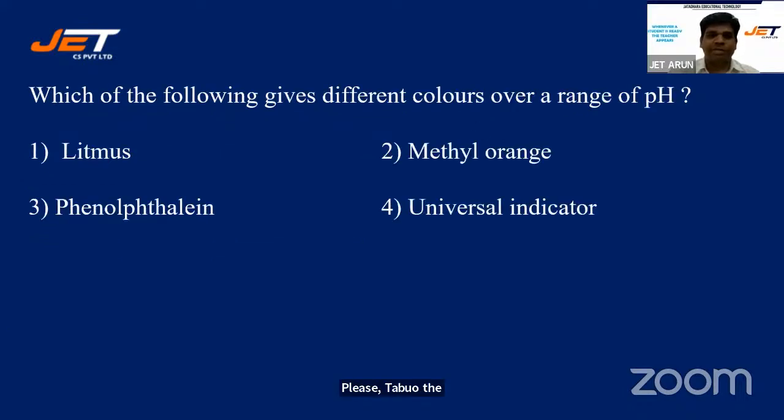Which of the following gives different colors over a pH range? Litmus, methyl orange, phenolphthalein, or universal indicator?